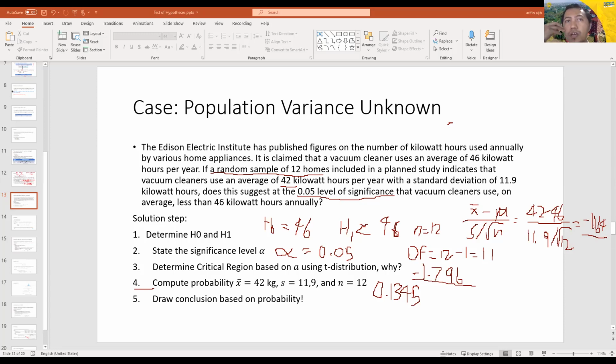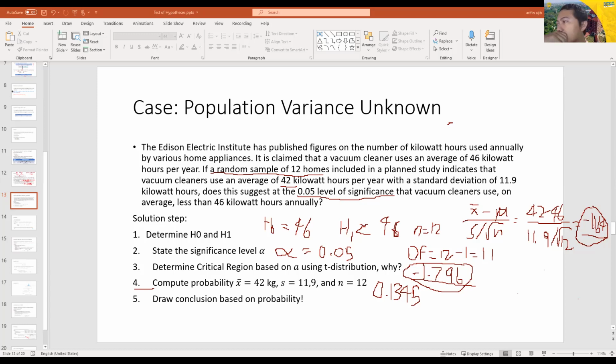Okay, so the reason why we fail to reject the null hypothesis, why? It's because the test statistic value is more than the critical value. It's outside of the range of the critical value. That's why it's failed to reject the null hypothesis. Outside? What do you mean outside? Like it's more than the critical value.